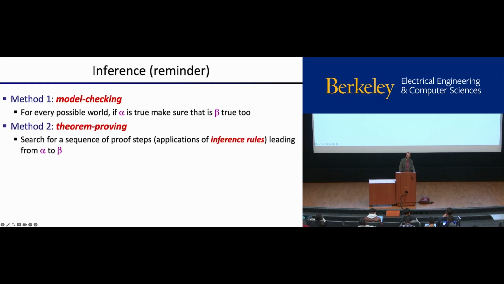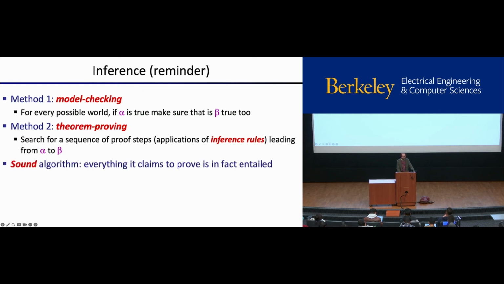There was model checking: for every possible world, if alpha is true, make sure that beta is true in that possible world. And the second method, theorem proving: search for a sequence of proof steps, applications of inference rules, leading from alpha to beta. I haven't really given you any sense of what those might be.